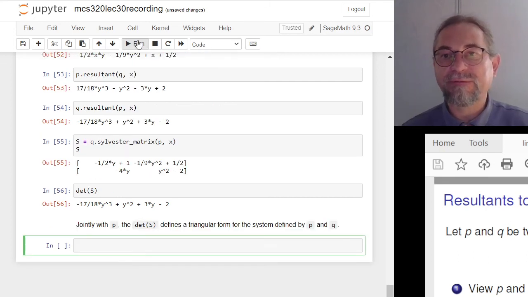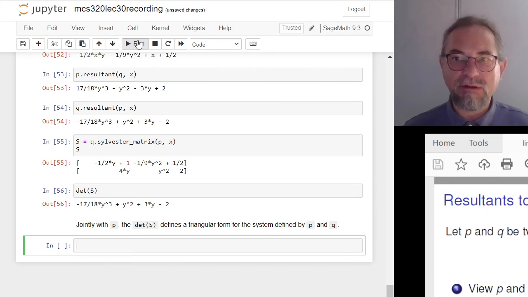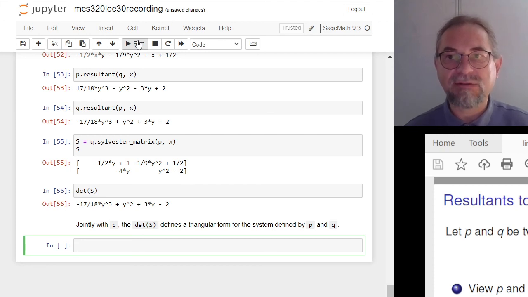So resultants are very convenient to selectively eliminate variables. Gröbner bases are a bigger machinery and more general, richer, but resultants are still very useful to selectively start eliminating variables.